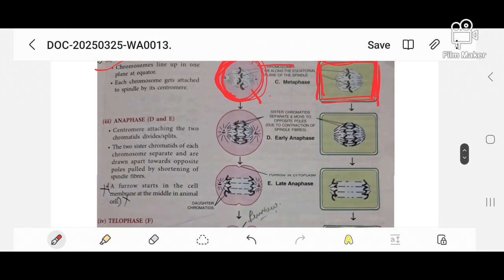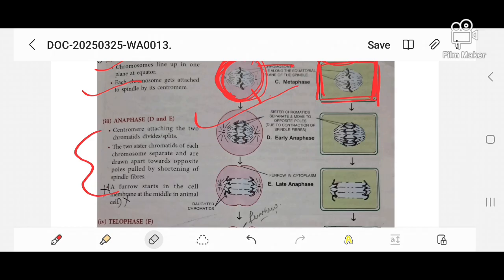Okay. Now, anaphase. This is also required. Anaphase. The centromere attaching the two chromatids divides or splits.